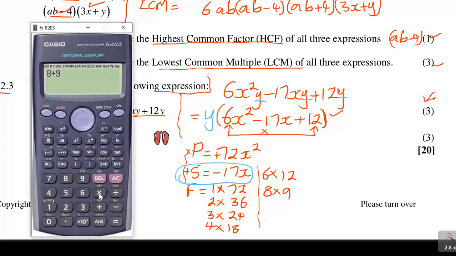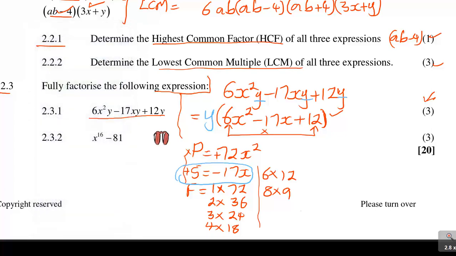So which means minus 8 minus 9 is minus 17. So these are the factors, which is minus 8x minus 9x.